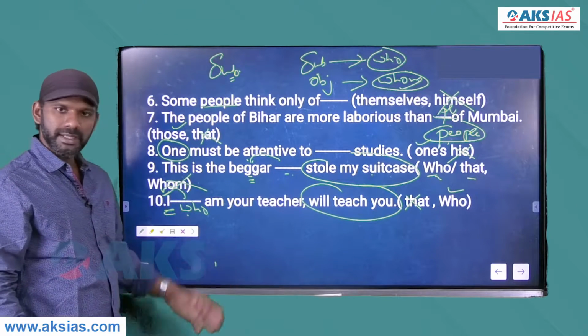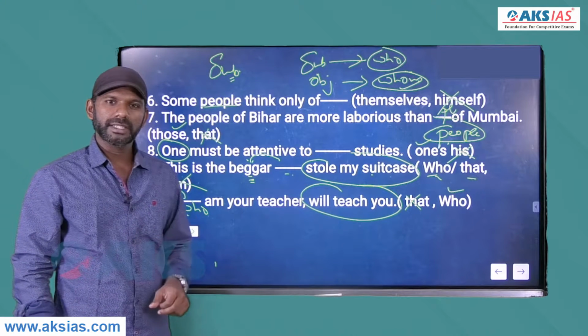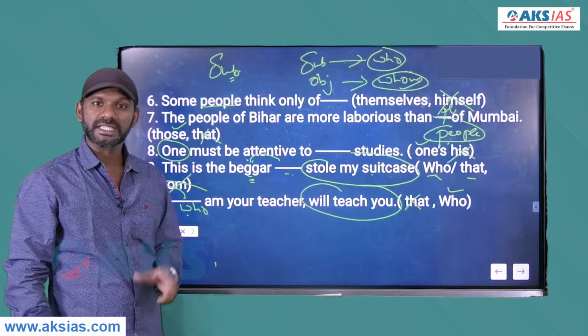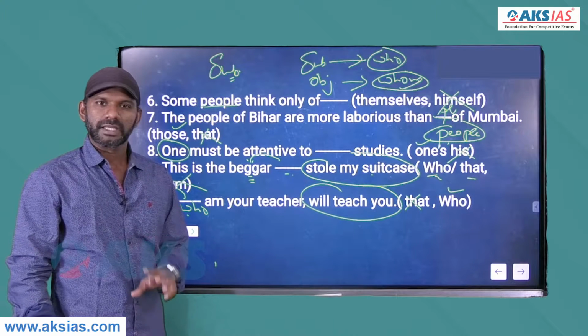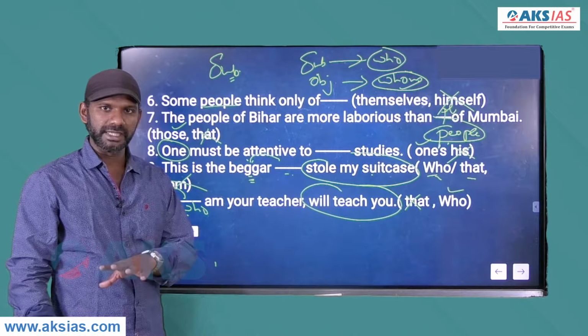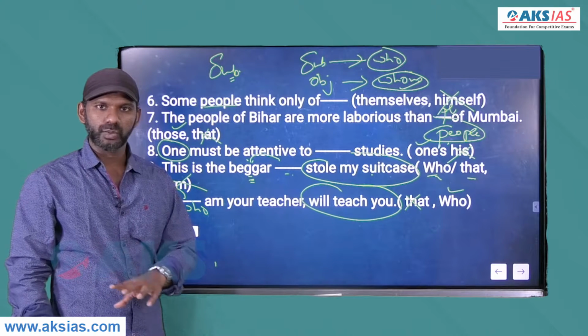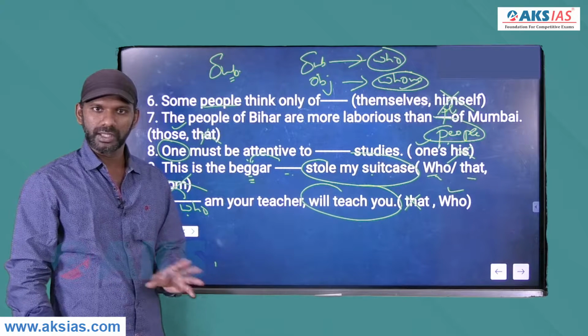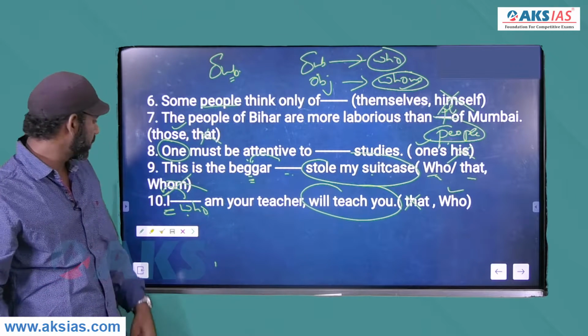Then, who is a relative pronoun. Every relative pronoun refers to a noun that comes immediately before it and the verb that comes immediately after it. So we need to focus on the noun that comes immediately before a relative pronoun and the verb that comes immediately after it. That noun and that verb must be in agreement with each other. Singular noun, singular verb, plural noun, plural verb. Come to the same statement once again.